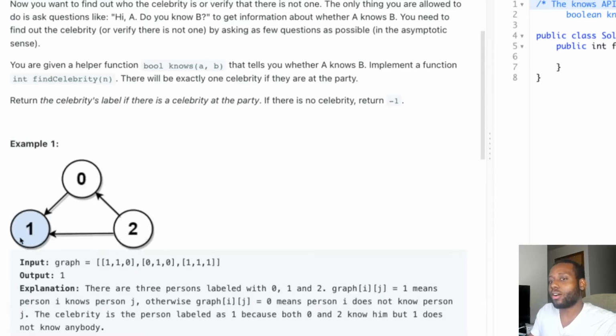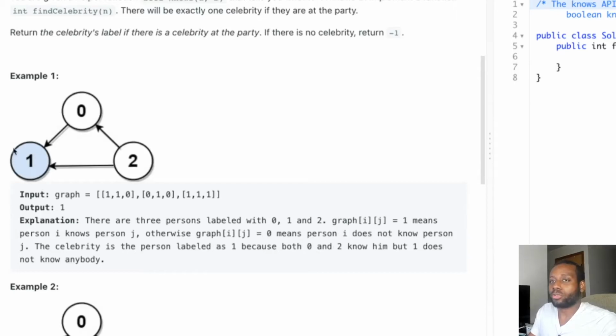So how do we keep track of how many nodes are pointing to you? When nodes are going into you, they call that the in degree, to see how many nodes are pointing to me. And then the out degree is the number of edges going out of a node. So you can see there are 0 edges going out of that node.